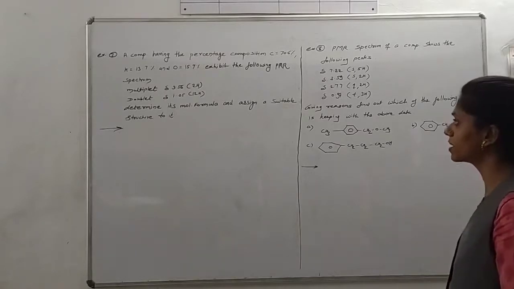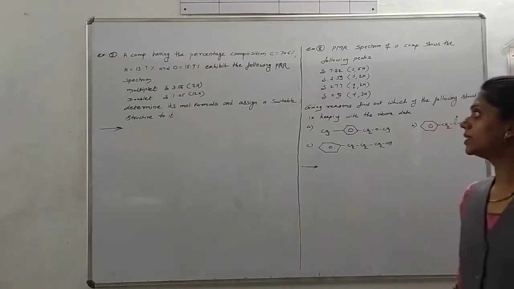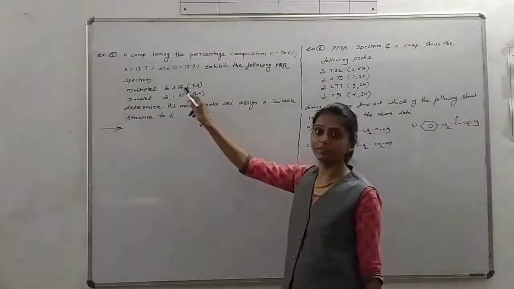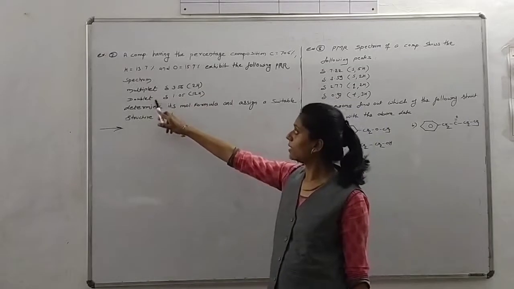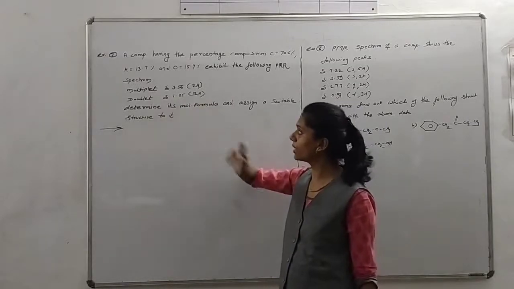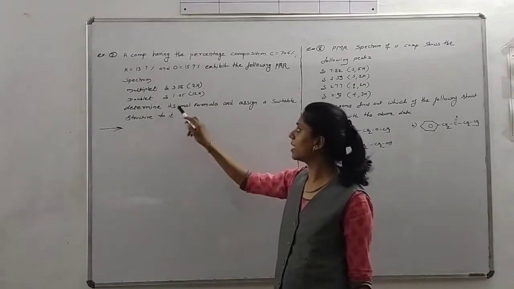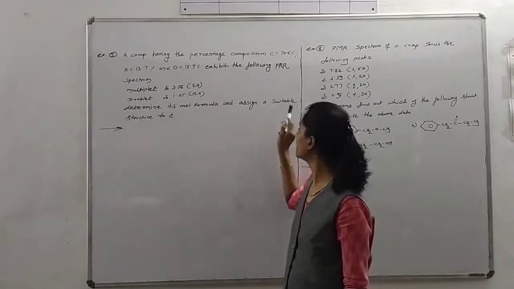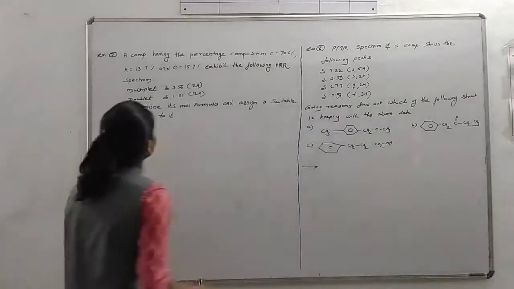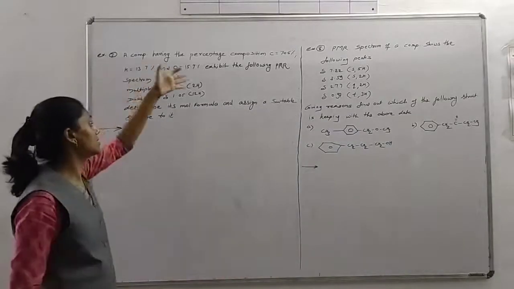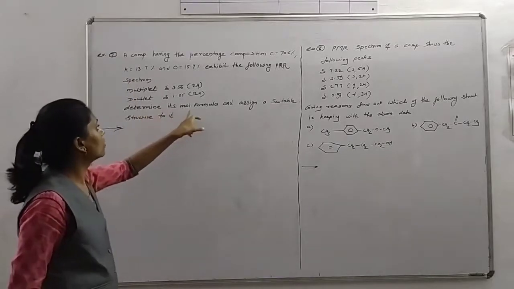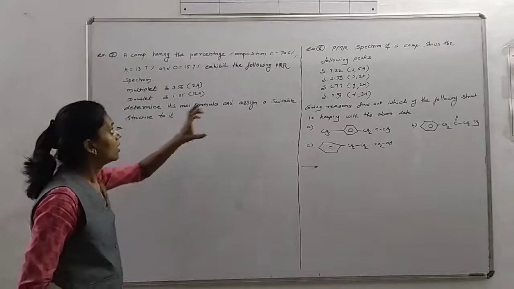It exhibits the following PMR spectrum: a multiplet of 2 protons at 3.56, and a doublet for 12 protons at 1.05. Determine its molecular formula and assign a suitable structure to it. Okay, they have given percentages, and from this we can calculate the molecular formula.